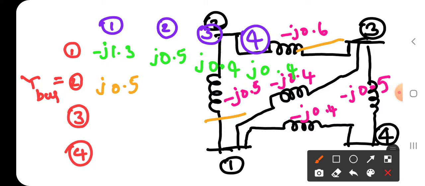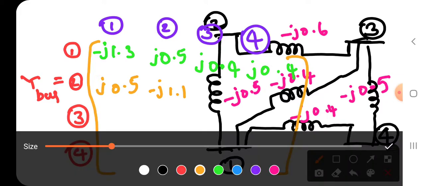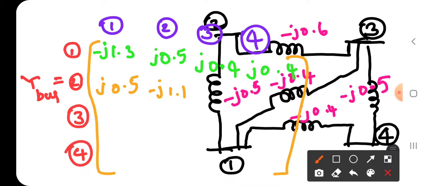That means minus J 1.1. Okay, next 2 3, in the sense J 0.6. Next 2 4, there is no element, so hence it is 0.